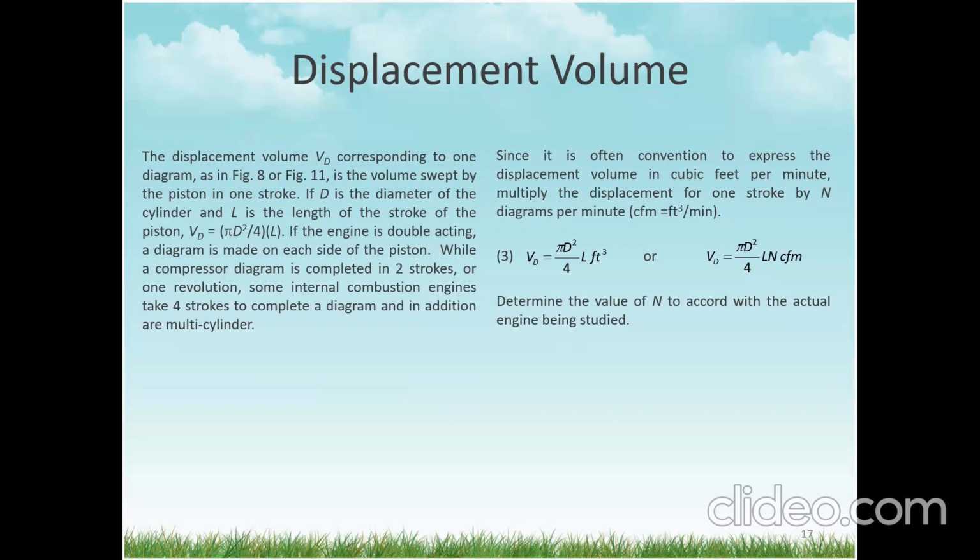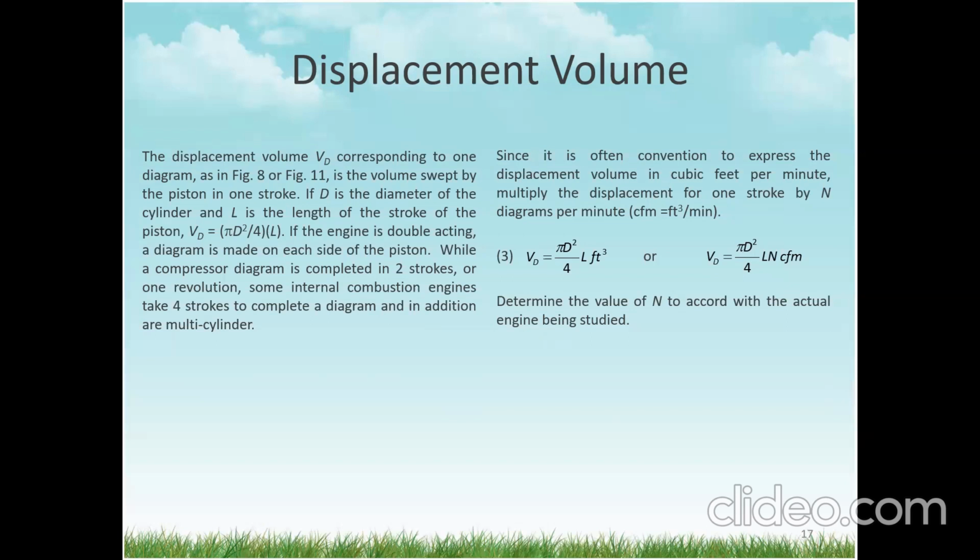A compressor diagram is completed in 2 strokes or 1 revolution, forward and backward. To complete a diagram, some internal combustion engines take 4 strokes, and in addition are multi-cylinder. For now, let us consider compressed air.